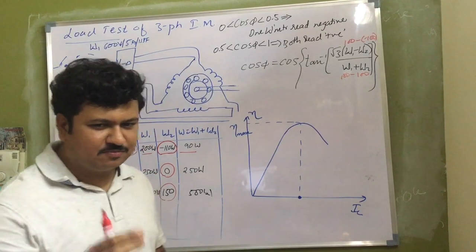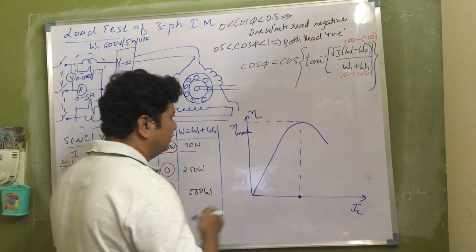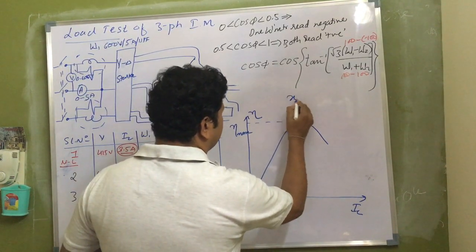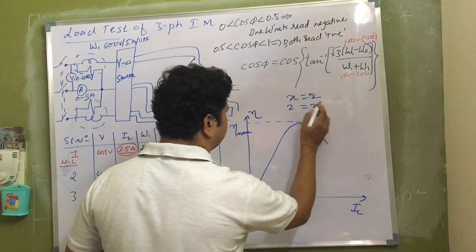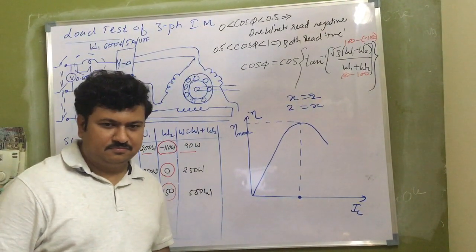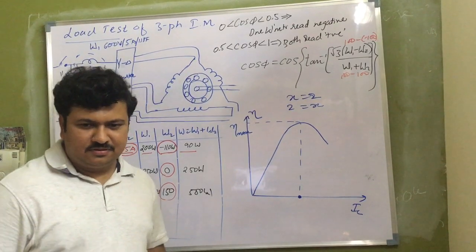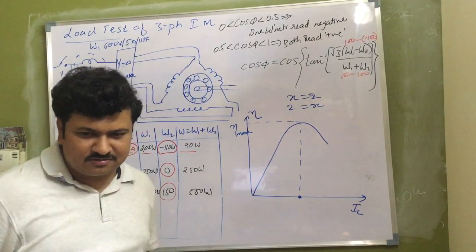I will give you a small question. You please answer this. Which is correct? X equal to 2 or 2 equal to X? Physically, which is correct?